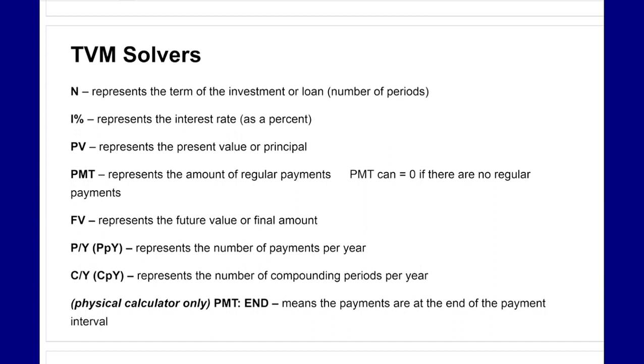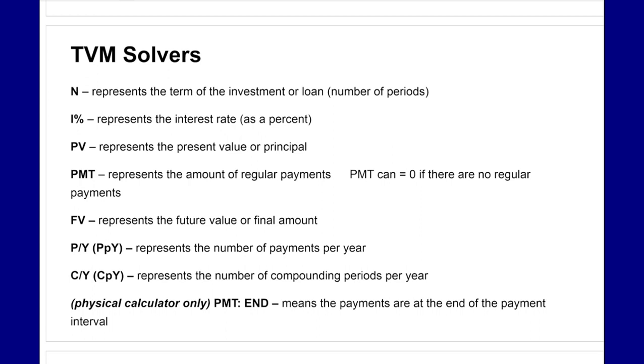So all this information you can get directly from a scenario, and we enter it into the specific spots in the calculator, and then we click on the missing one, what we're trying to find, and solve for that. There's one extra thing on a physical calculator. You want PMT to be at the end, so make sure END is highlighted. This is only for when we're using the calculators.